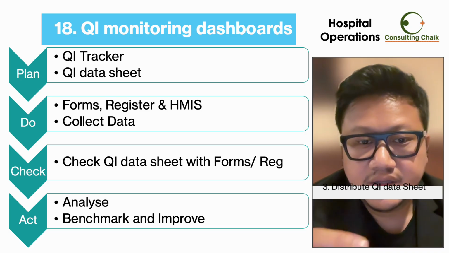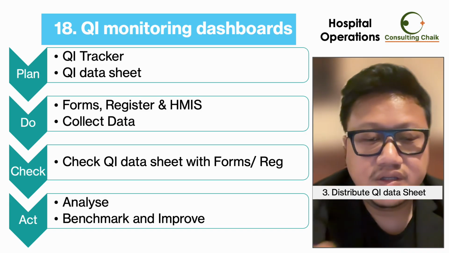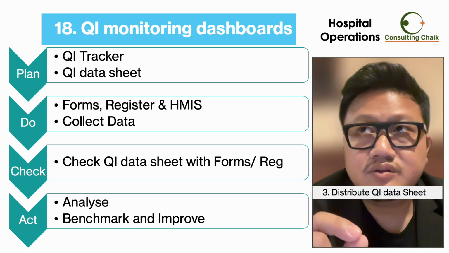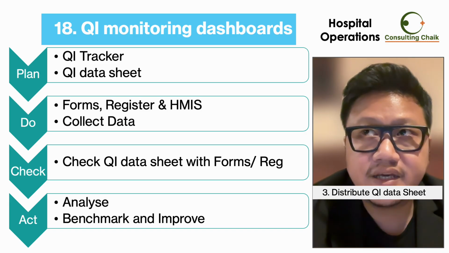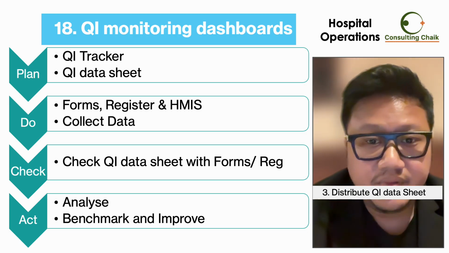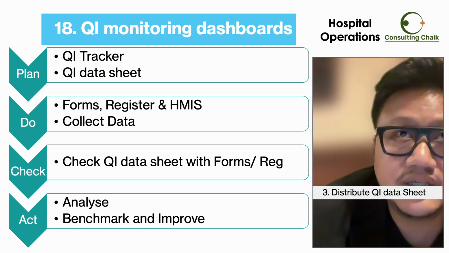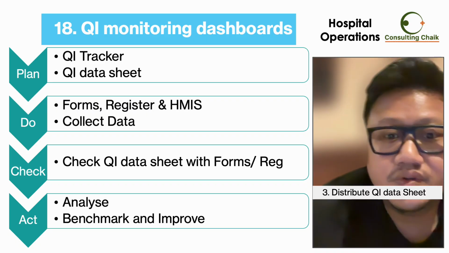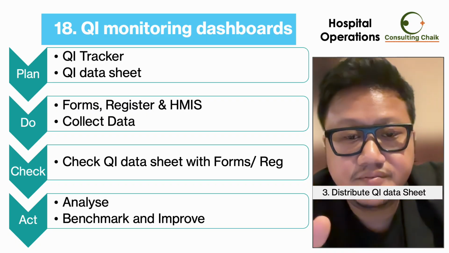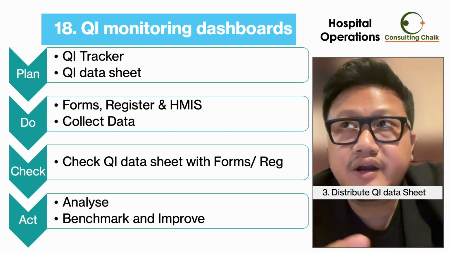Then you distribute the QI data sheet department-wise, for nursing, pharmacy, lab, radiology, emergency, OT, ICU, which may have different data that you would require.